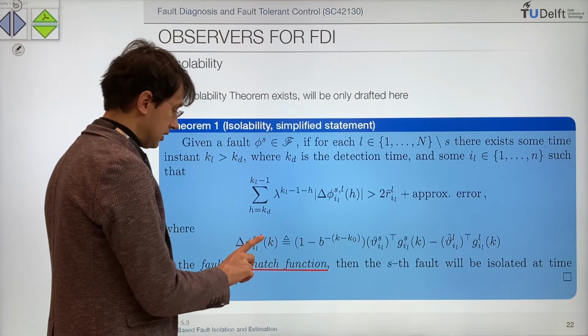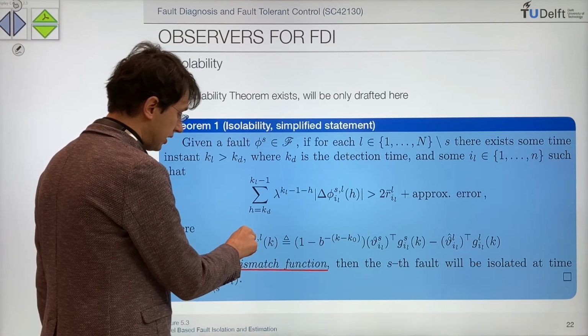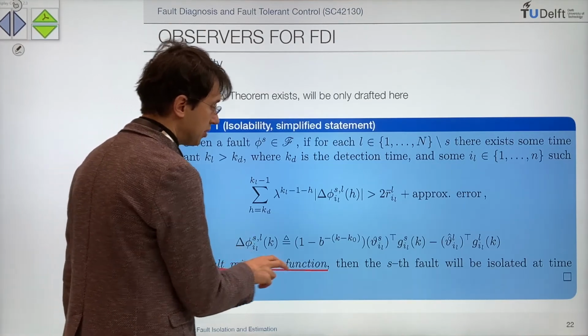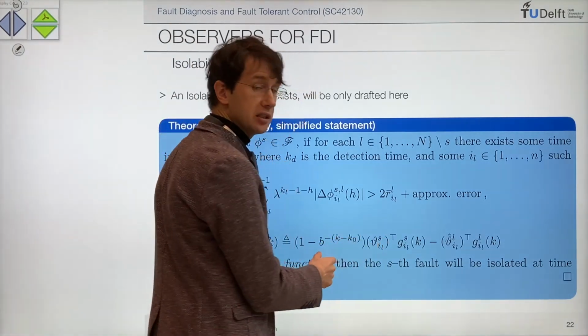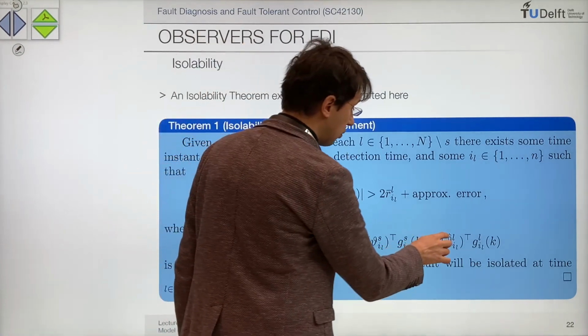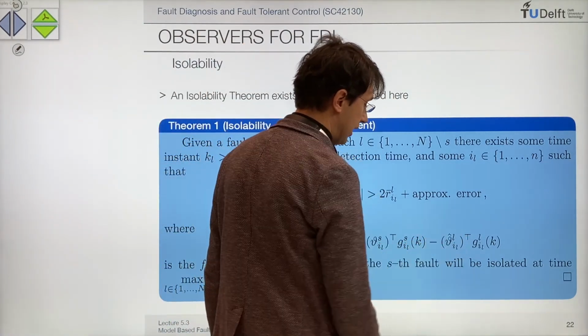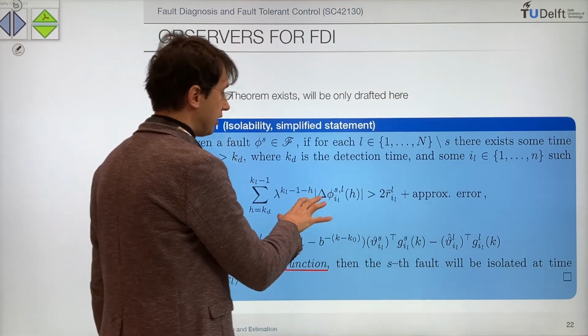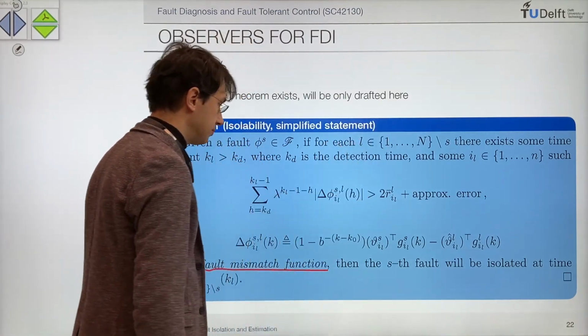And please notice that this mismatch has 2 indexes on the top, S and L, because this is the mismatch between the true fault, we assume it is number S, and the one we are testing, number L. So this is valid for a generic L function.